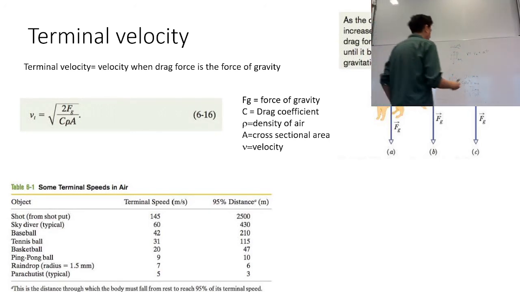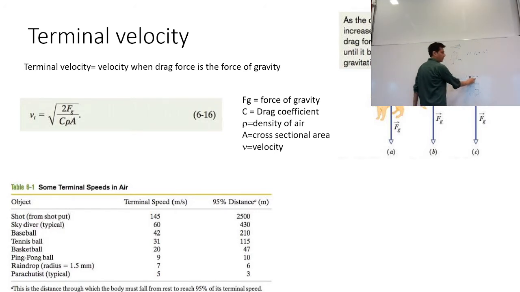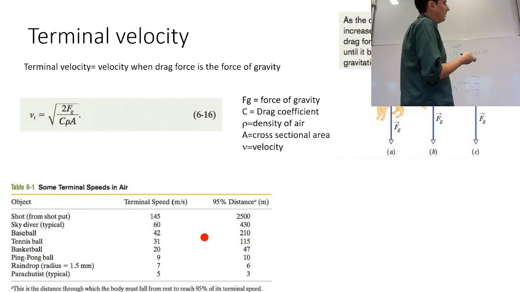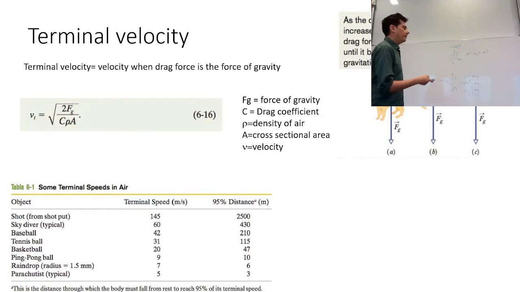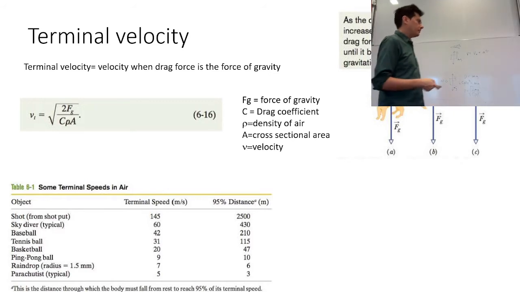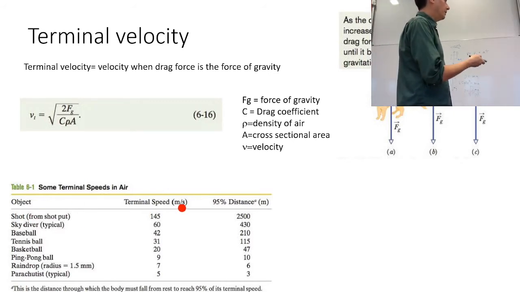Its weight will be quite large, so mg will be quite large. So because your A is relatively small and your force is relatively large, this terminal velocity will be quite fast, it'll be 145 meters per second, which is obviously one of the fastest things in this table.